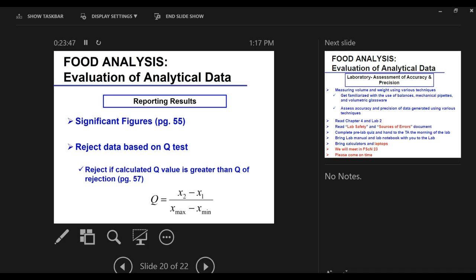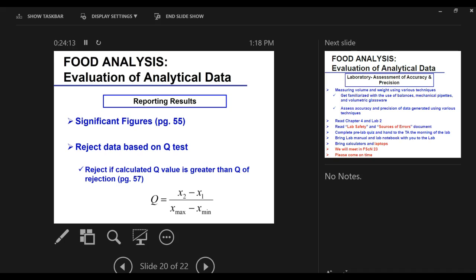Then you find a Q table, like a T table, and you say, I want to look at 90% confidence. Depending on your number of observations, you get your degrees of freedom. If I have 5 replications, my degree of freedom would be 4. Then my Q value for a 90% confidence is 0.76.